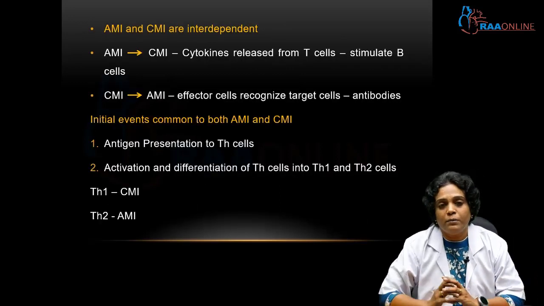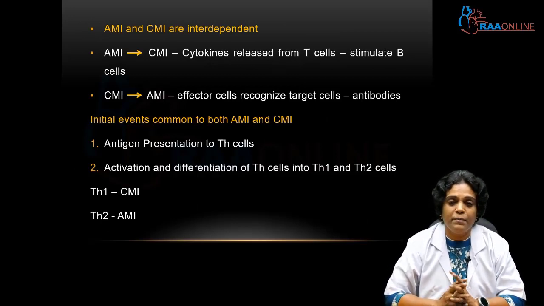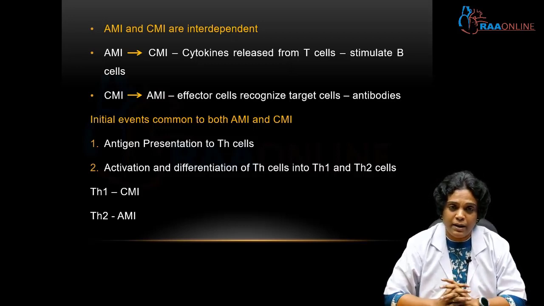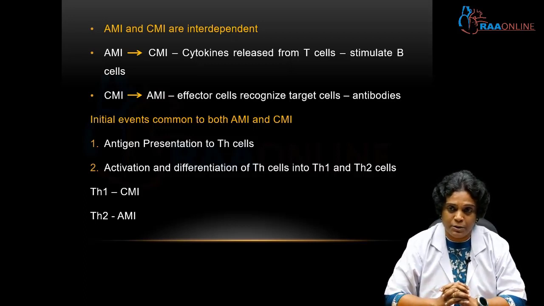Now, when we talk about the antibody-mediated immune response and cell-mediated immune response, they are interdependent. So how are they interdependent? The antibody-mediated immune response is helped by the cell-mediated immune response through the cytokines secreted by the helper T cells, which in turn stimulate the B cells.